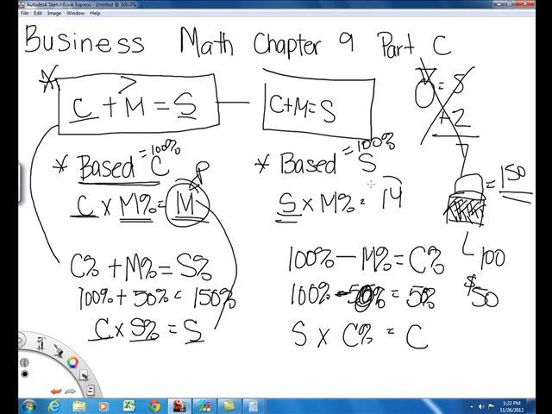Over here, the M or that mark on amount represents your commission, sort of. Or the difference in the amount that it costs you and what you get to sell it for. But usually that selling price is already set.